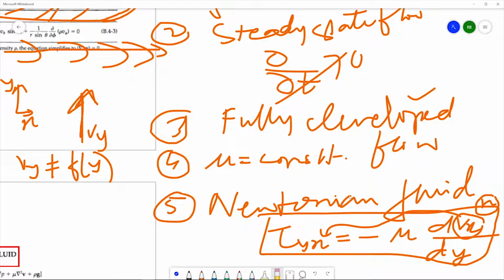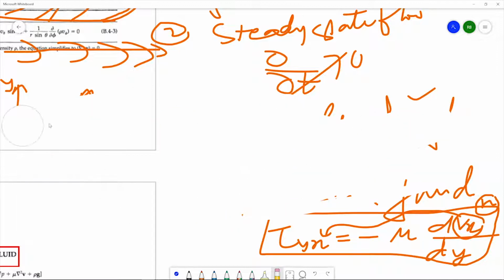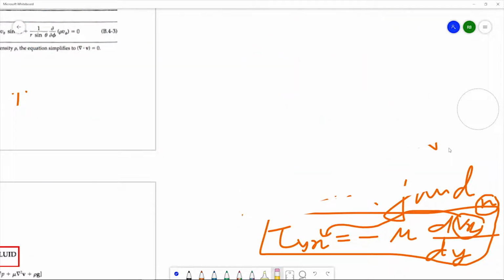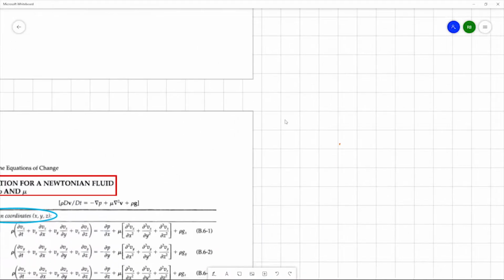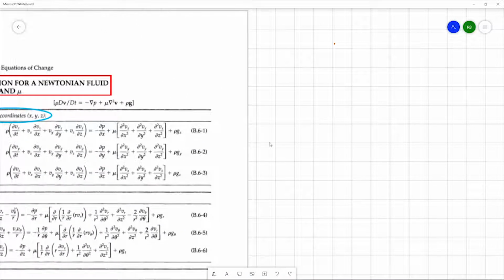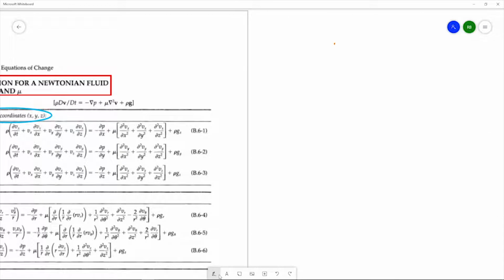I think this part is clear, so I will erase it. These are the main assumptions, and from the problem you can write down other assumptions as well.